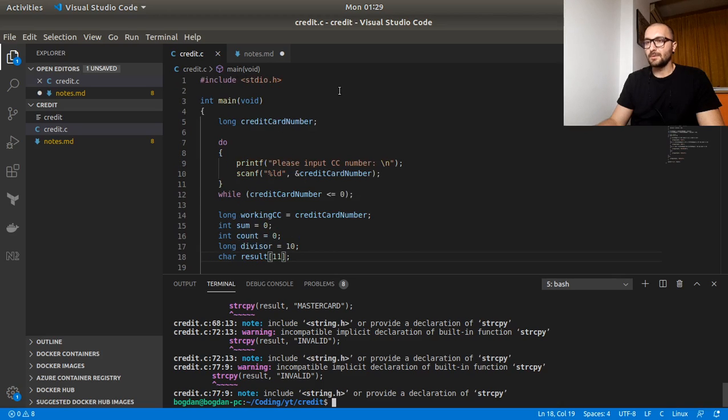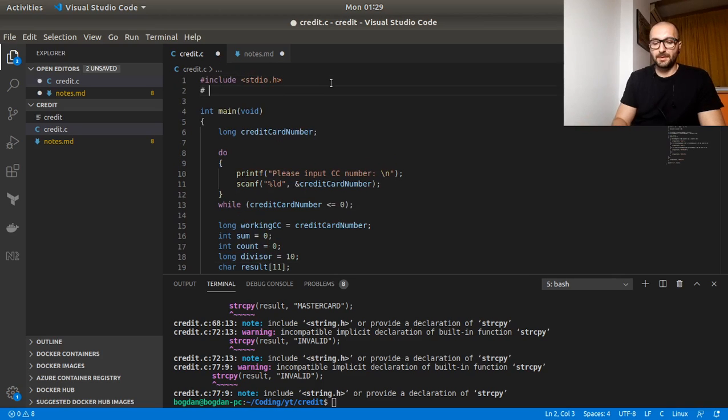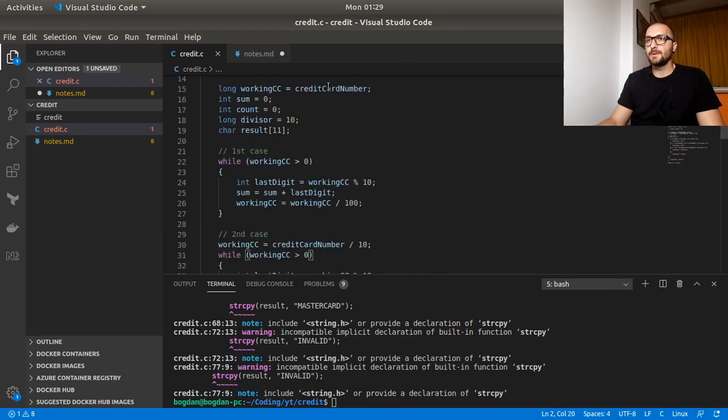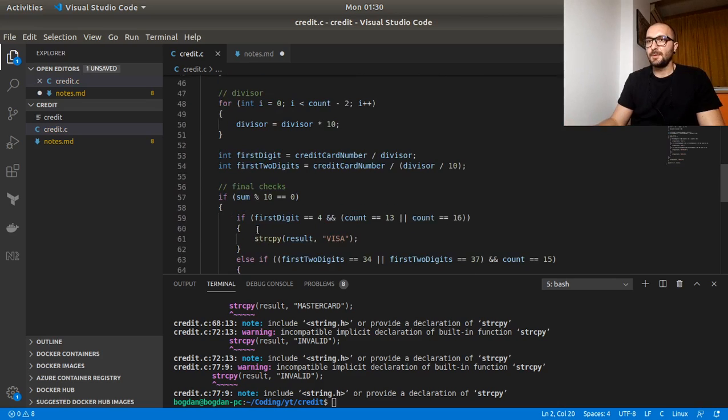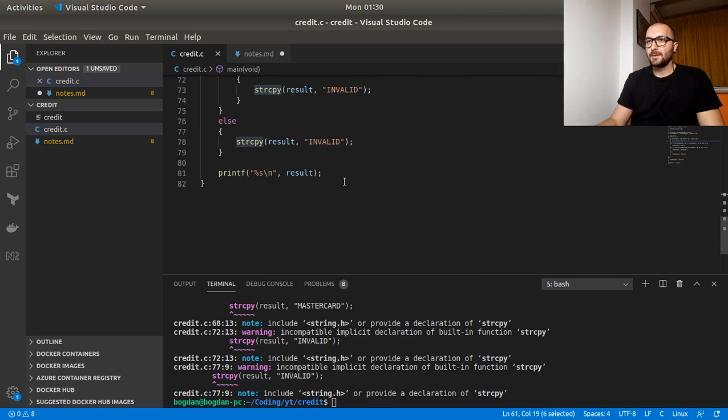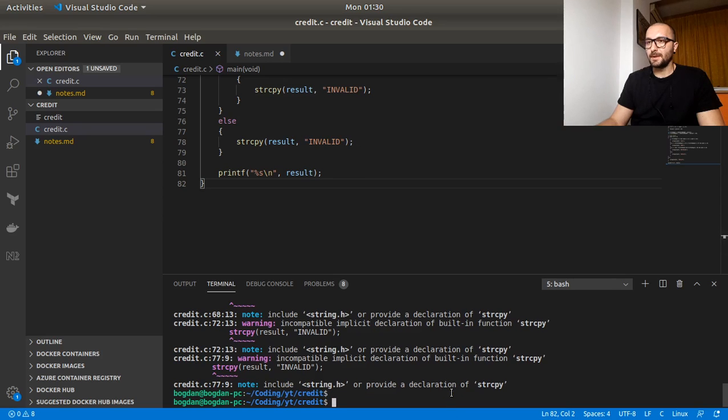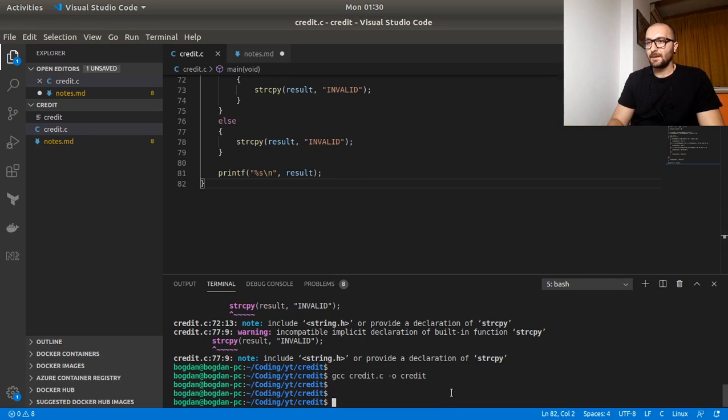Oh, okay. So we need the string.h library as well. So I'm gonna go ahead and add that, string.h, so we can use the string copy. Okie doke. So let's have a go now. Okay, so it seems fine now.